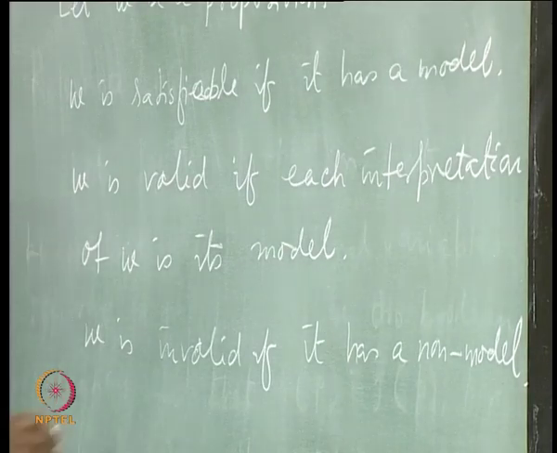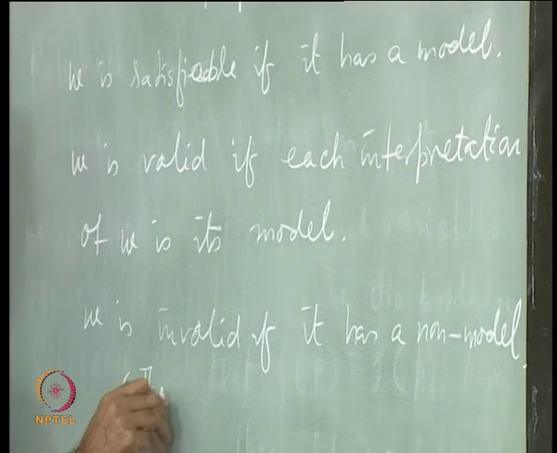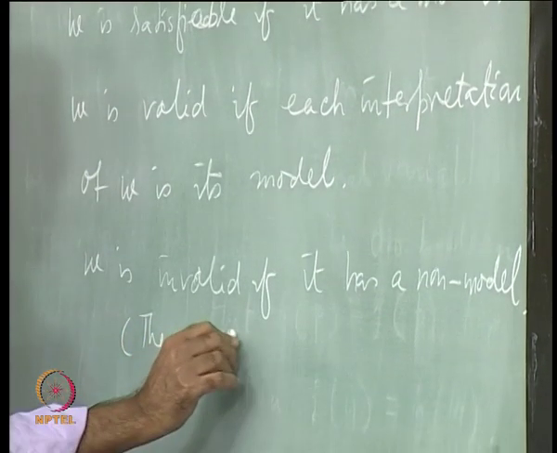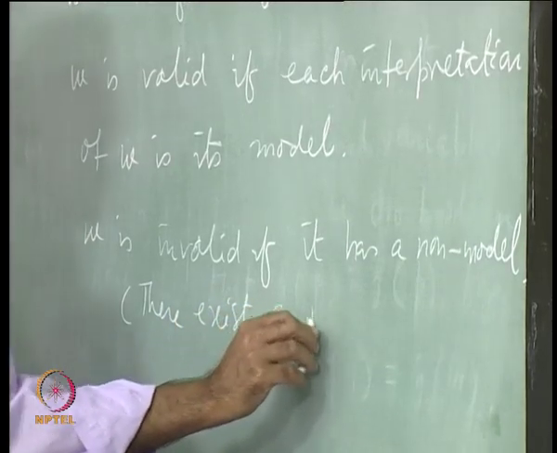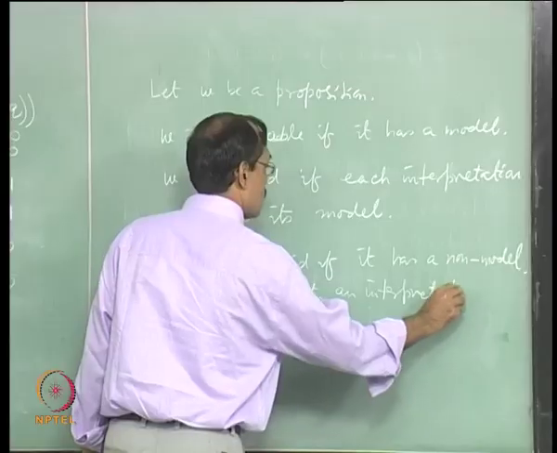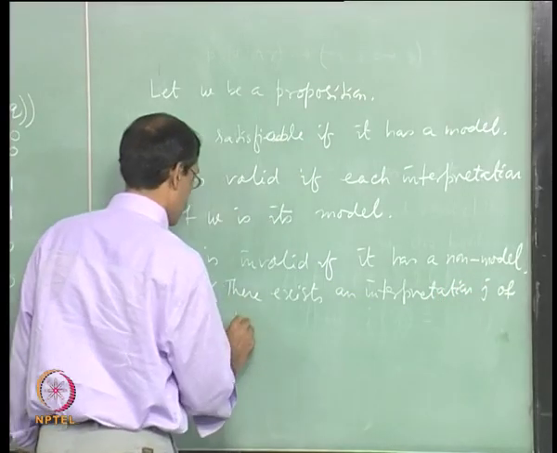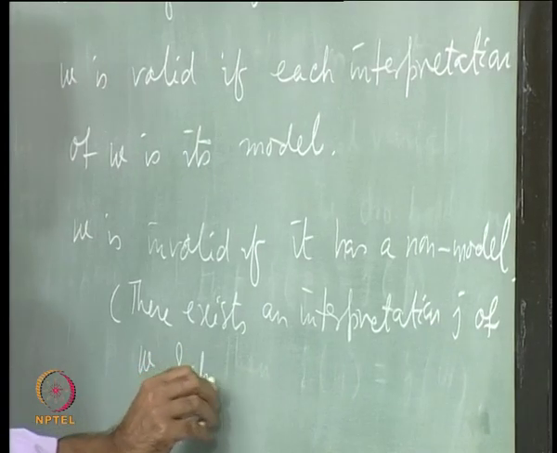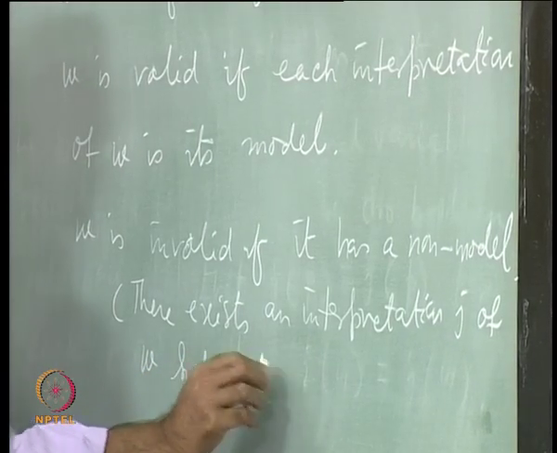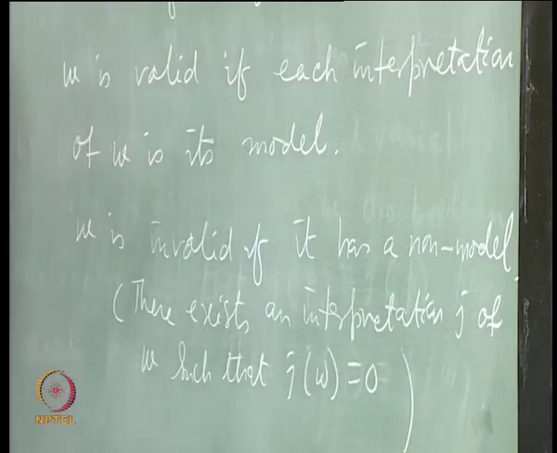Which means there exists an interpretation J of W such that J of W equals 0, that is what it says.